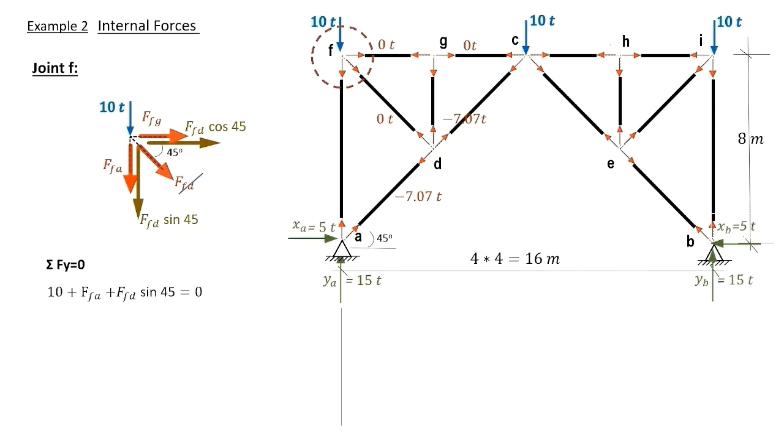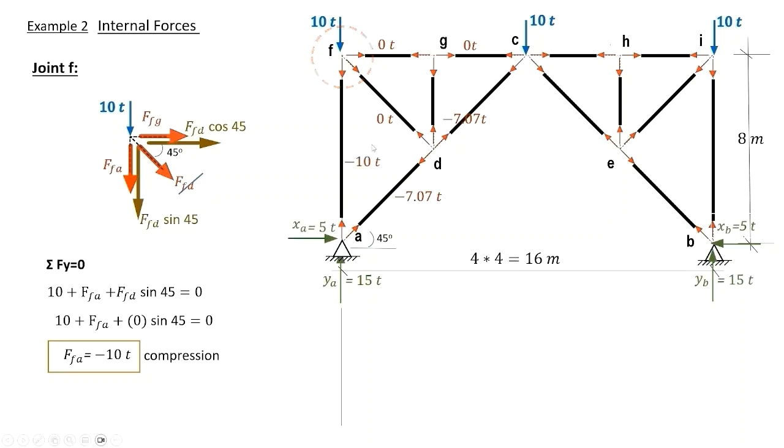Consider the equation sigma forces in the y direction equals 0. We have FD previously computed and equals 0, and we are left with the force in FA, the only unknown, to be minus 10 tons, and compression, and plotted on our diagram here.